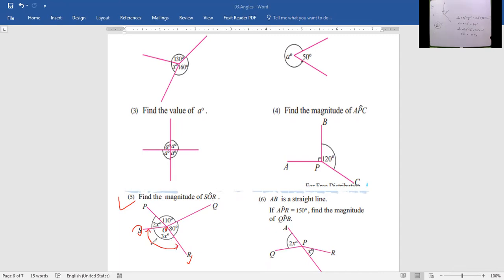The angle is 3 times x. So before doing this, you have to find the value of x itself. We have done these kinds of things. Some of you said you do not know how to find the answer for the fifth part.